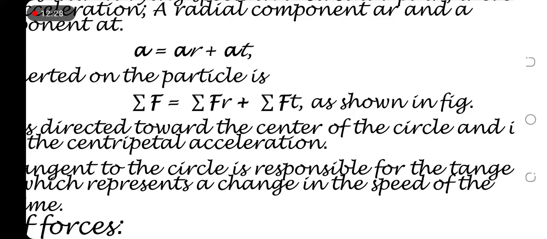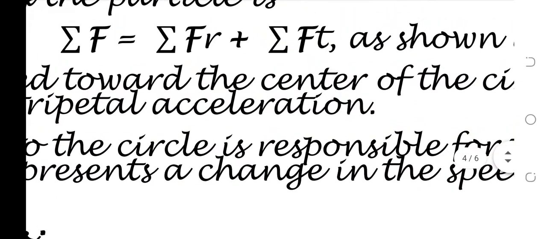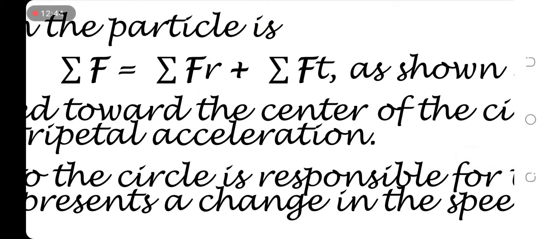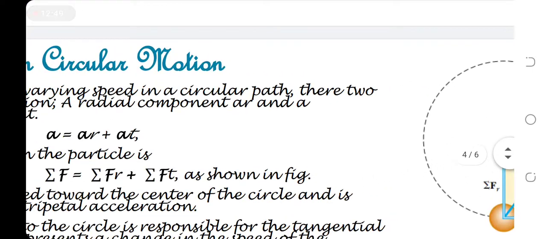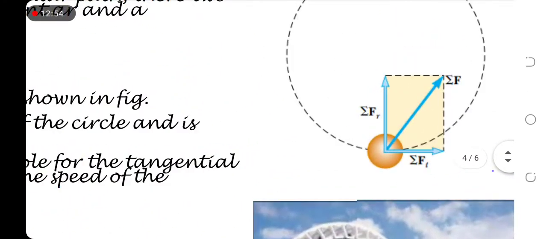If we multiply the mass m on both sides of the above equation, a = a_r + a_t, then we get the sum of forces, ΣF = ΣF_r + ΣF_t. From the diagram, we can see one force is F_r directed toward the center, another force is F_t along the tangent to the circle.